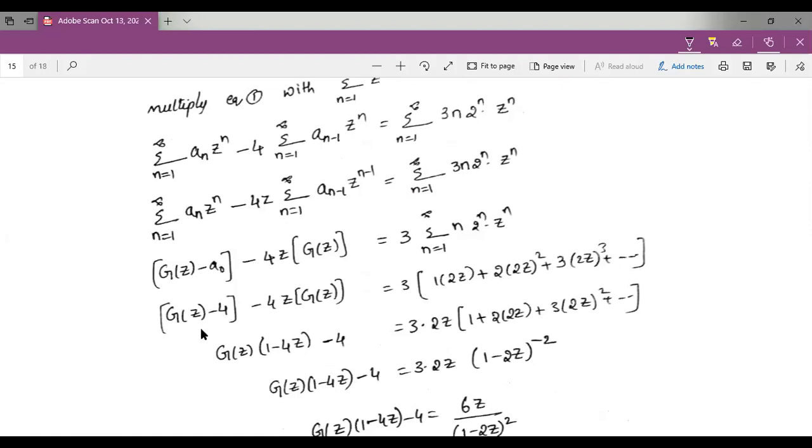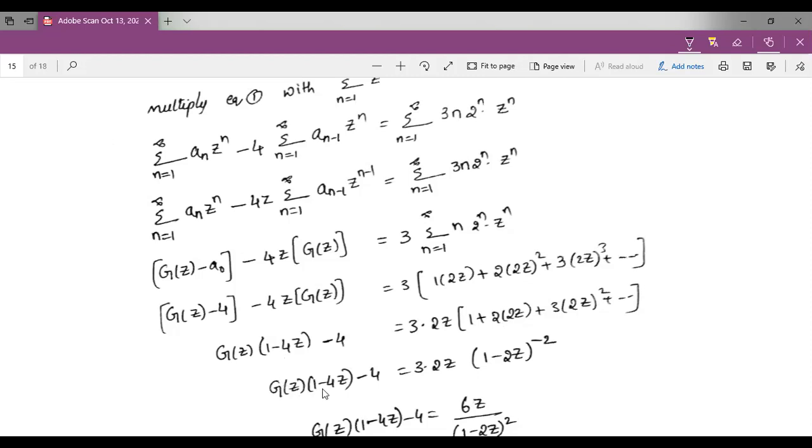Here we take g of z common: g of z into 1 minus 4z, minus 4, is equal to 3 into, here we take common 2z. The remaining expansion is 1 plus 2 into 2z plus 3 into 2z whole square plus and so on.